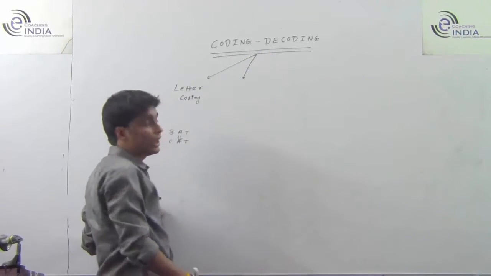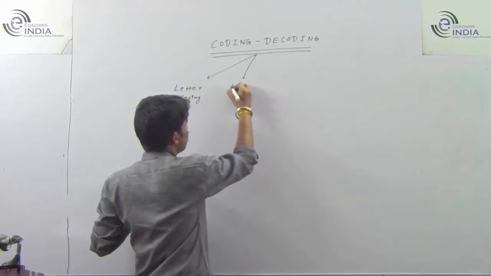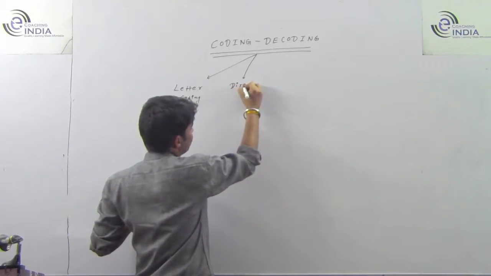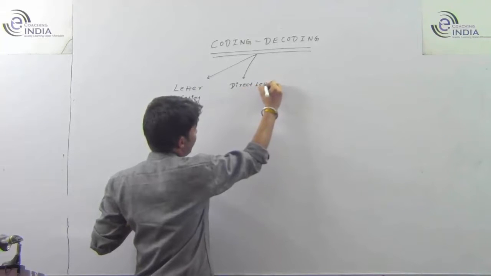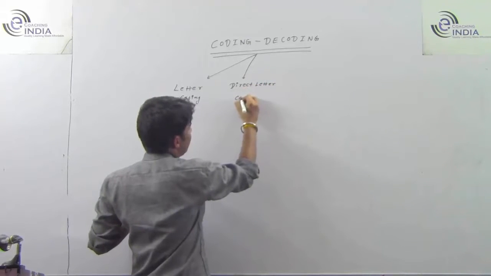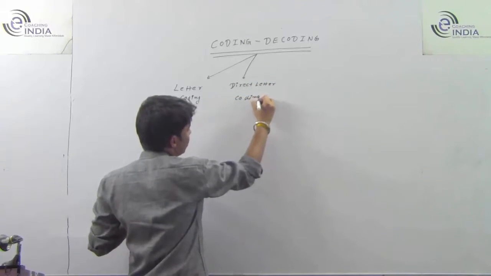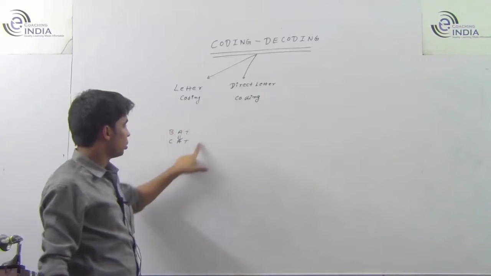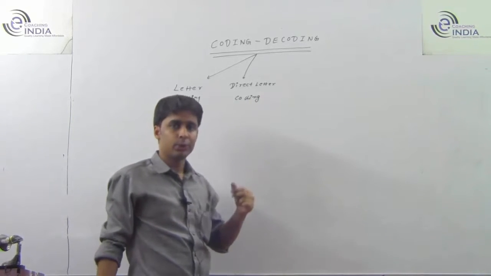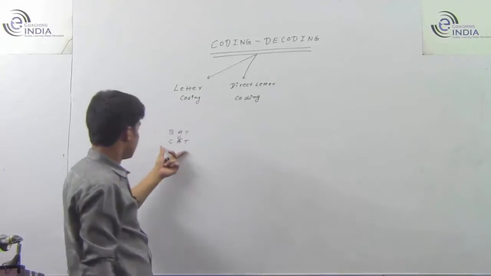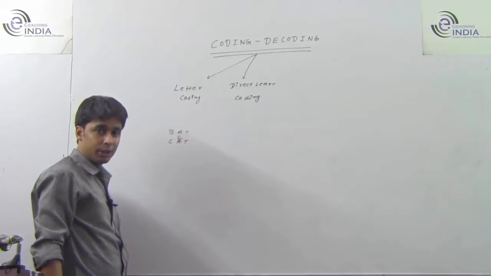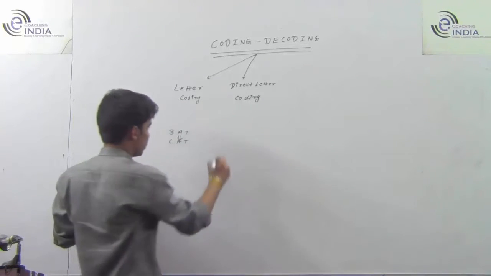Second type is called direct letter coding. Now what is direct letter coding? Here also there will be only letter codes, right? Suppose we have one word like bat which has a code of CAT.